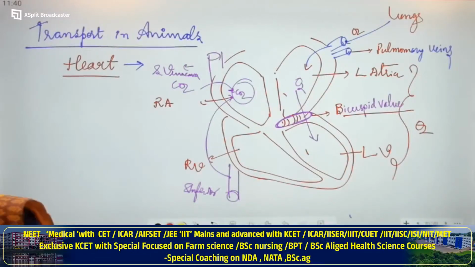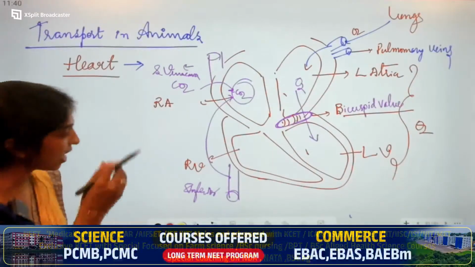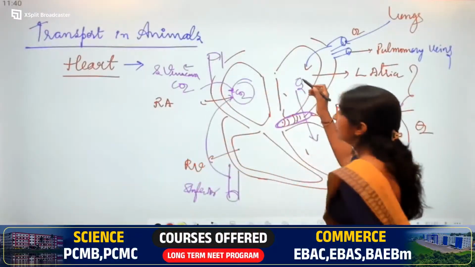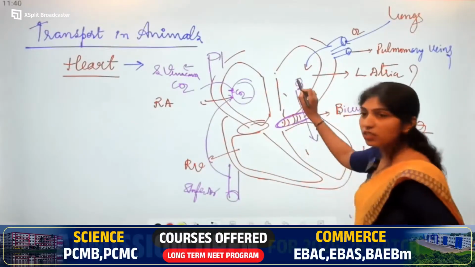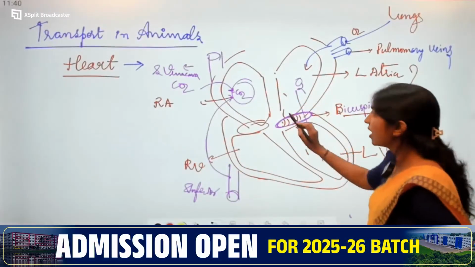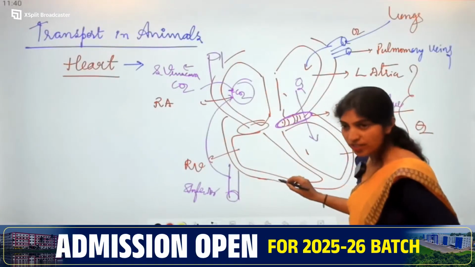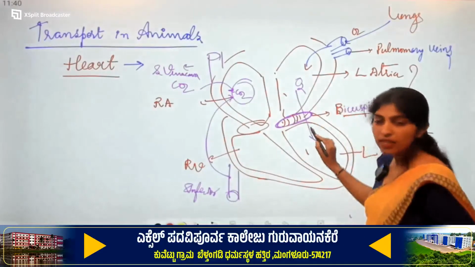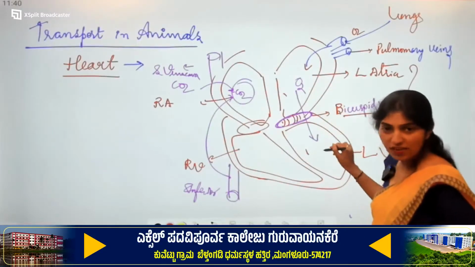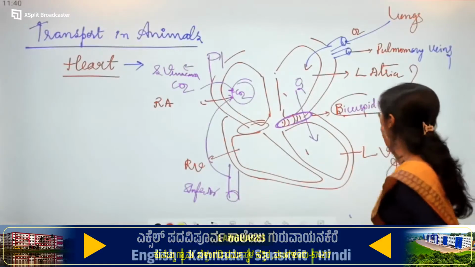Now similarly, ma'am, where are the valves present? Yashwanth has asked where the valves are present. On both sides: between the left atria and left ventricle, and between the right atria and right ventricle. The valve between the left atria and left ventricle is called the bicuspid valve.